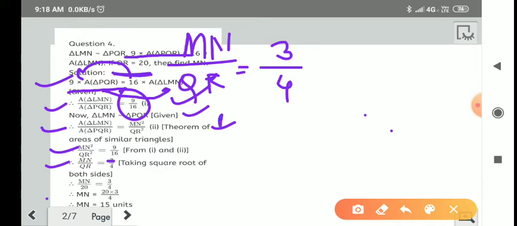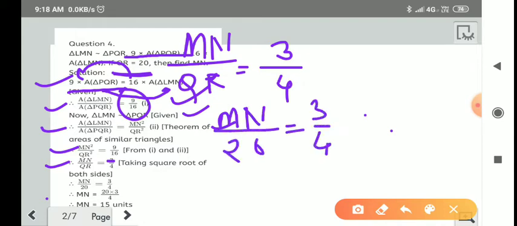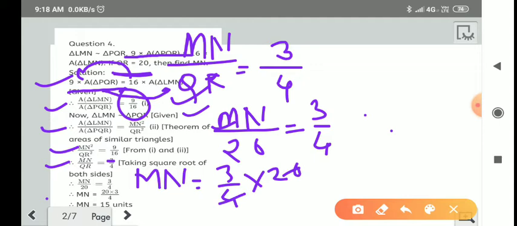So we can write MN upon 20 is equal to 3 upon 4, and thus MN is equal to 3 upon 4 into 20. Simplify this: 4 fives are 20 and 3 into 5 becomes 15. So MN is equal to 15. Here is the answer: MN is equal to 15 units.